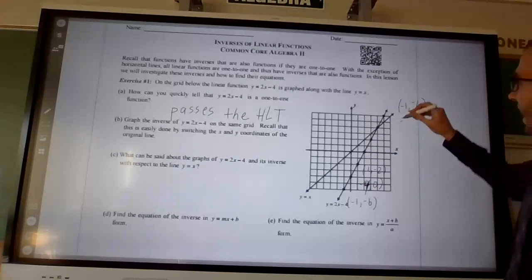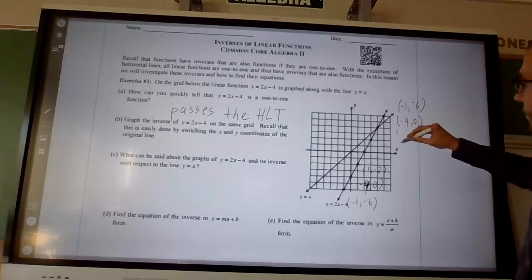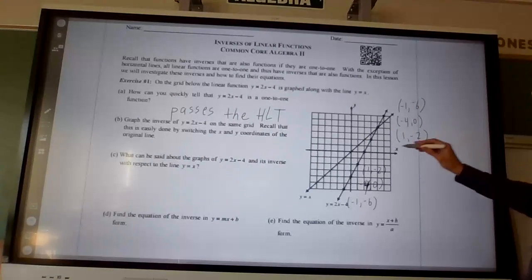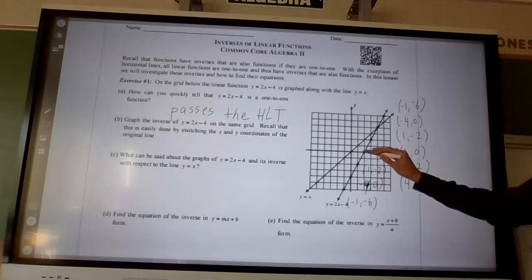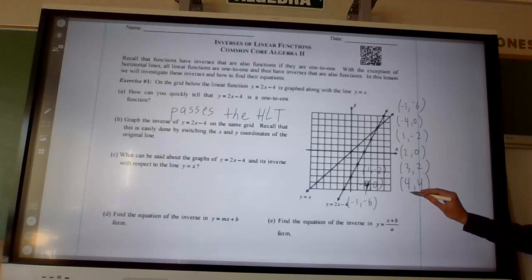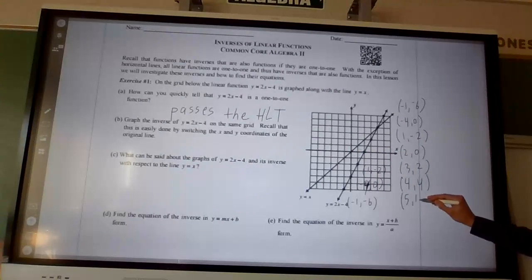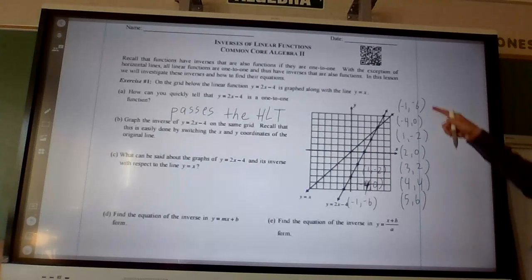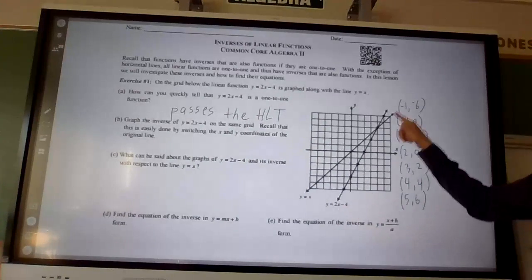Gotta love it, right, guys? -4, 0. 1, -2. 2, 0. 3, 2. 4, 4. 5, 6. Okay, those are the points that I can see on my original line.